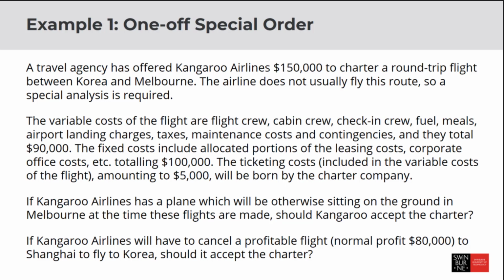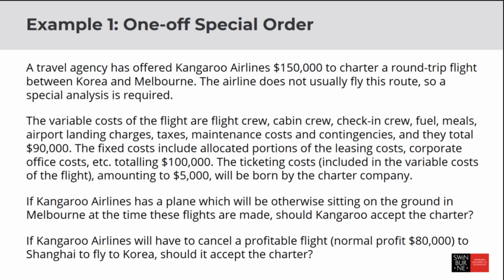If Kangaroo Airline has a plane which will be otherwise sitting on the ground in Melbourne at the time these flights are made, should Kangaroo accept the charter? So this first question is the case if you have spare capacity because you have an airplane that is not being used.